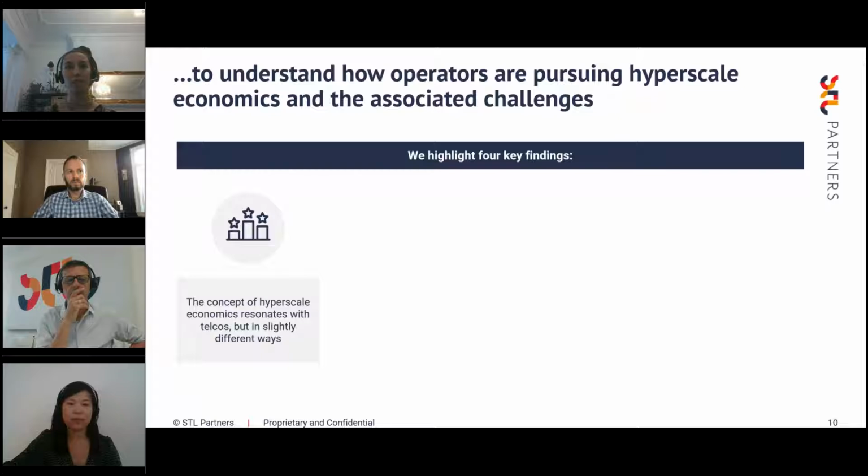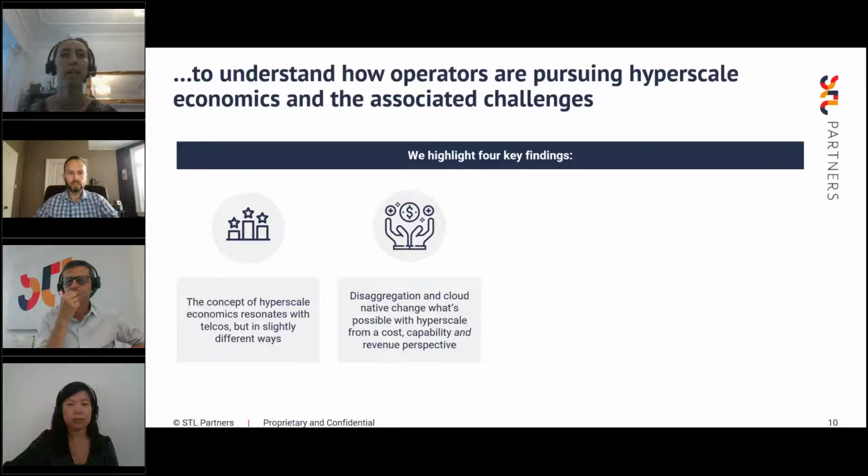To summarize our 4 key findings at a very high level, and then we'll spend the rest of the presentation diving into each of these a bit deeper. The first is that hyperscale economics is a concept that seems to resonate with people. It does speak to people, but in different ways depending on the role and the organization. We found that disaggregation and cloud native play a really key role within hyperscale economics, from a cost, capabilities, and revenue perspective.